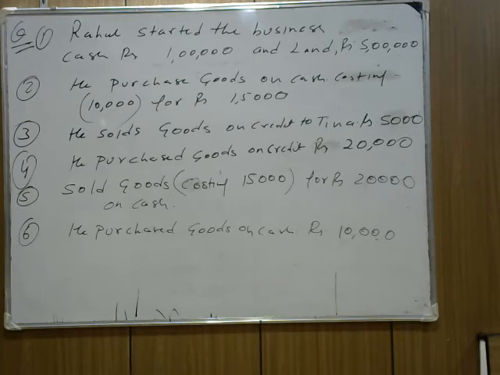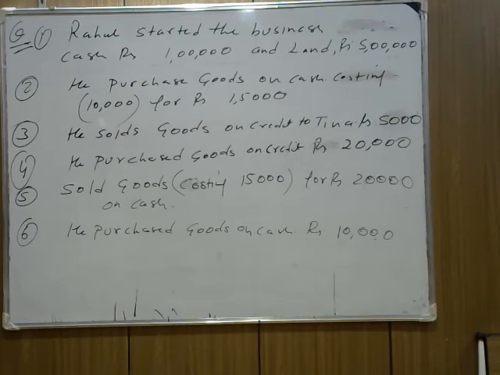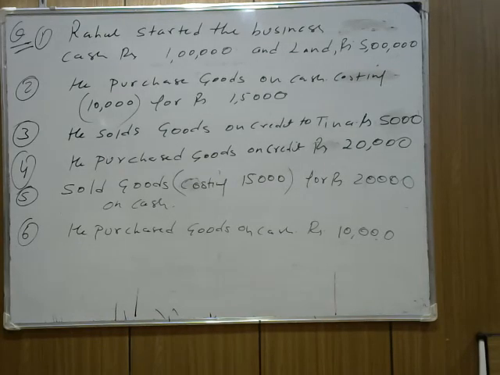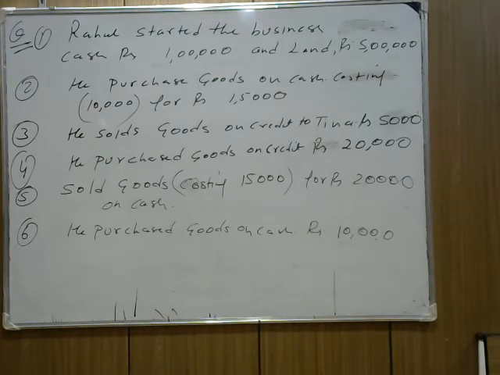He sold goods on credit to Tina, rupees 5,000. He purchased goods on credit, rupees 20,000. He sold goods costing 15,000 for rupees 20,000 on cash, transaction number 5. And the last one, he purchased goods on cash, rupees 10,000 again.